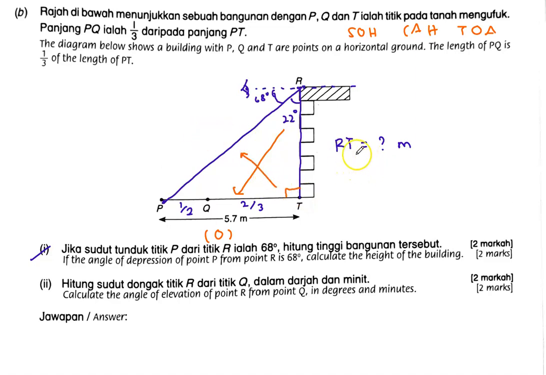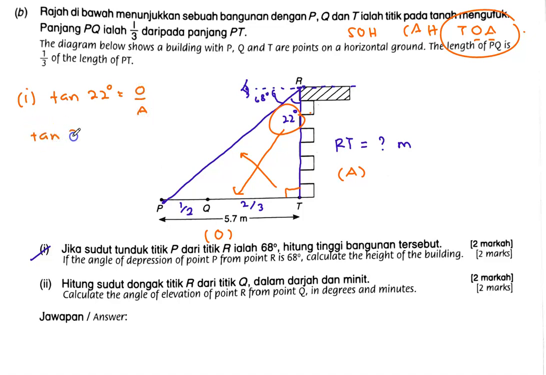But the one we are looking for, RT, is known as your adjacent line. So when you have the opposite and adjacent lines, we will solve the question using the formula O and A, so you will use tangent.